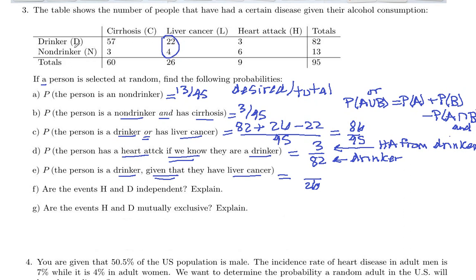Well, 22 here are in the drinker column. So this will be 22 out of 26. So on the bottom here again, this is liver cancer. And then this is drinkers from liver cancer, because it's given you're starting with liver cancer.